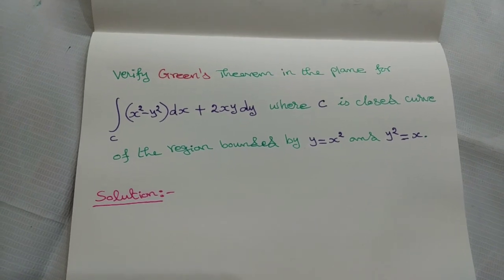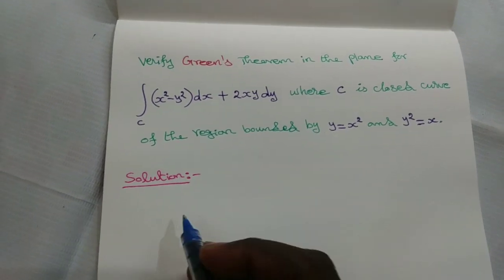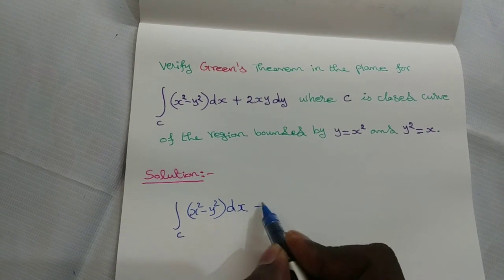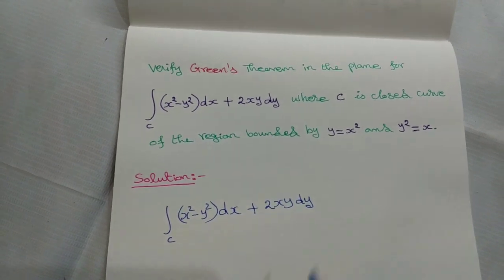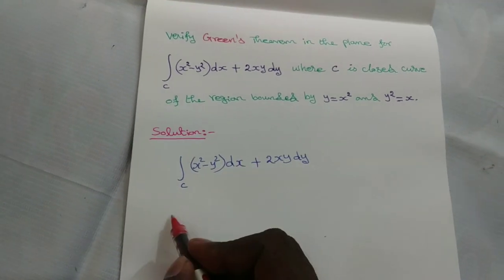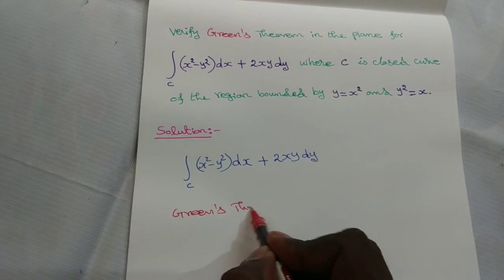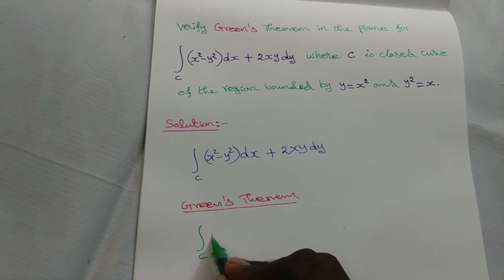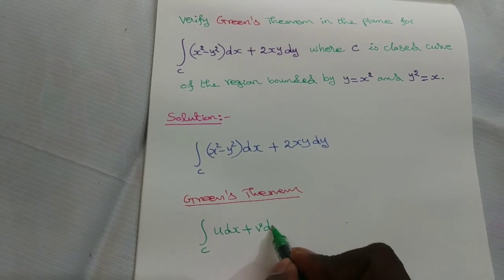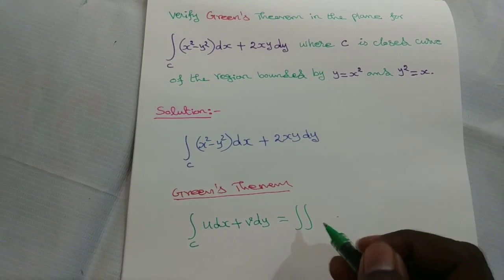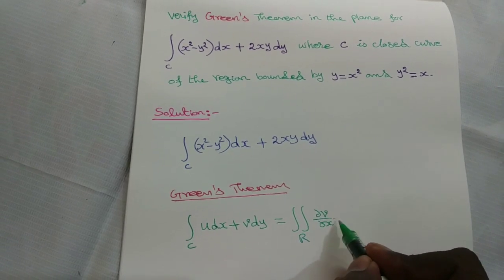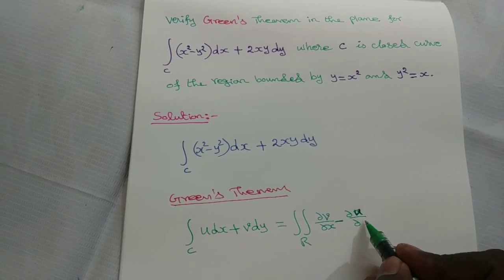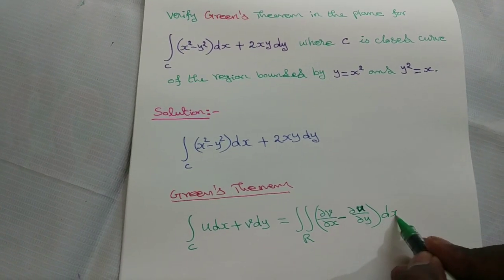These two are parabolas. Okay, so now the given integral is the integral over C of (x² − y²) dx + 2xy dy. Now Green's theorem: the integral over C of u dx + v dy is equal to the double integral over R of (∂v/∂x − ∂u/∂y) dx dy.